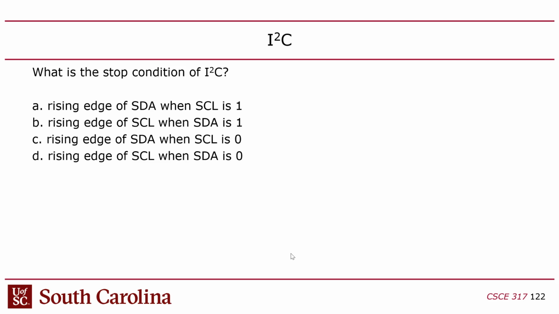So the question is, what indicates the stop? It's the rising edge of SDA when SCL is 1, or actually that's the only option, right? Because we're looking for something changing on the data when the clock is 1. And so I think that's the only option, right? So it's A, yeah.